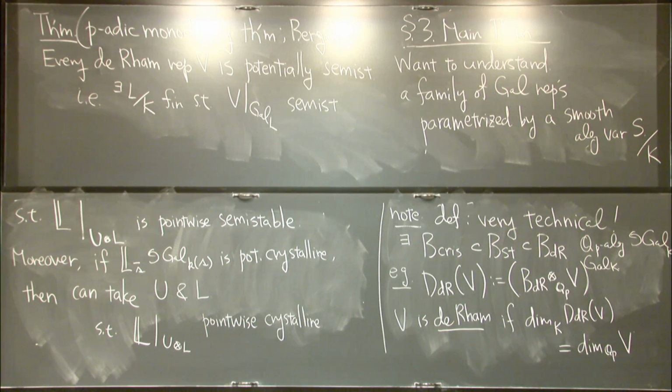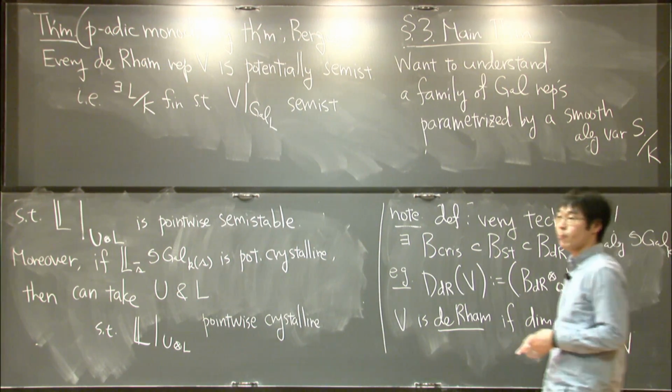This is the main theorem, which I'm going to call the p-adic monodromy theorem for de Rham local systems.